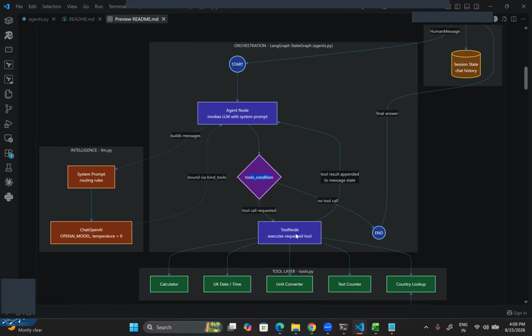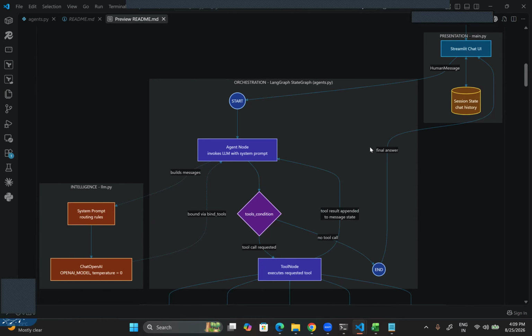The result goes back to the agent node. This process repeats until there is no tool call and it goes to the end. Then the final answer goes to the Streamlit chat UI, giving our end user the answer to the query.